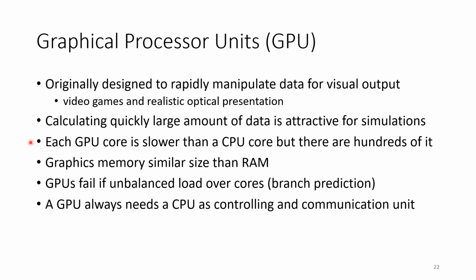GPUs have the downside that they fail if you have an unbalanced load, right? As I said, each core is comparatively slow compared to a CPU core. So if one core has much more load than other cores, all other cores wait until this really slow core is done with its calculation. And that is where a GPU is not good, right? At load balancing.